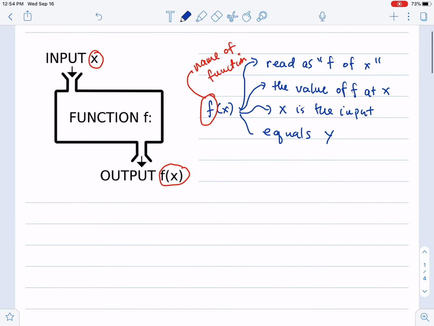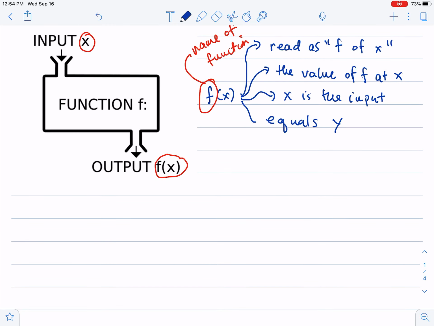At yung equation noon, kung naalala nyo, ay f of x equals 6x. So, since f of x is equal to y, pwede rin natin siyang isulat as y equals 6x.